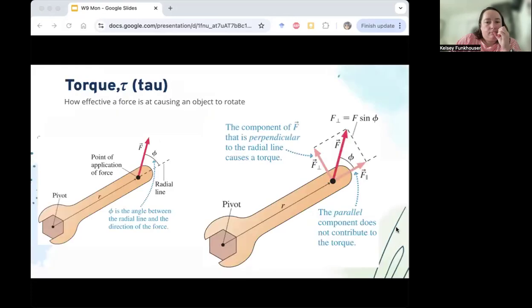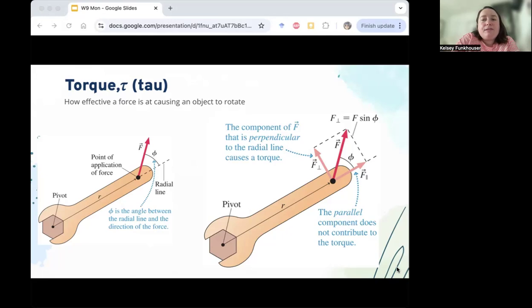So this looks at how effective a force is at causing an object to rotate. This is called the torque, and it's given by the symbol tau. We have a wrench here as an example, and for the wrench, the pivot is at the end, where the nut is, and also where the label pivot is.